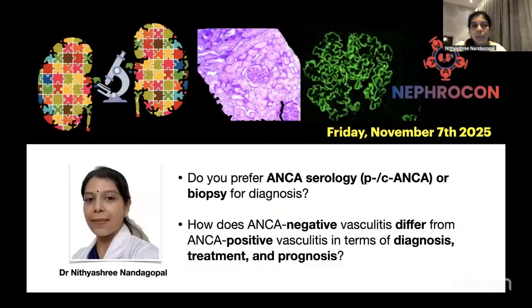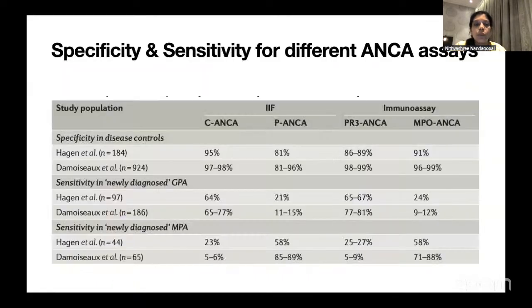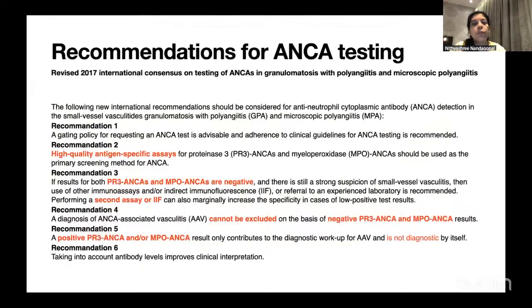But having said that, we will not go ahead with the full course of induction therapy with just the serology, because the histopathology offers so much more information in terms of prognosis, the response to treatment, and whether there is underlying chronicity, which helps me educate my patient further and set my treatment goals based on the pathology report in front of me.